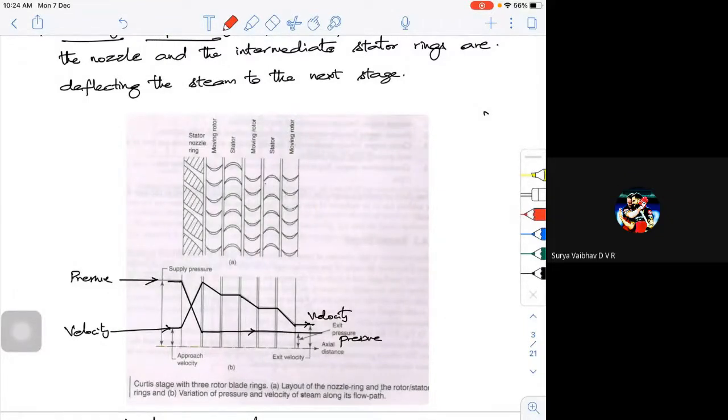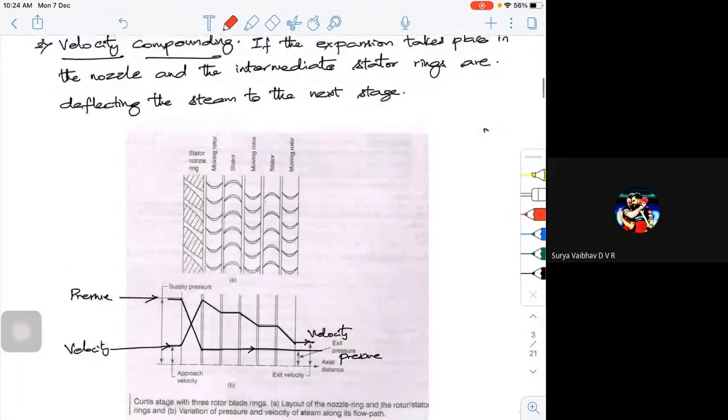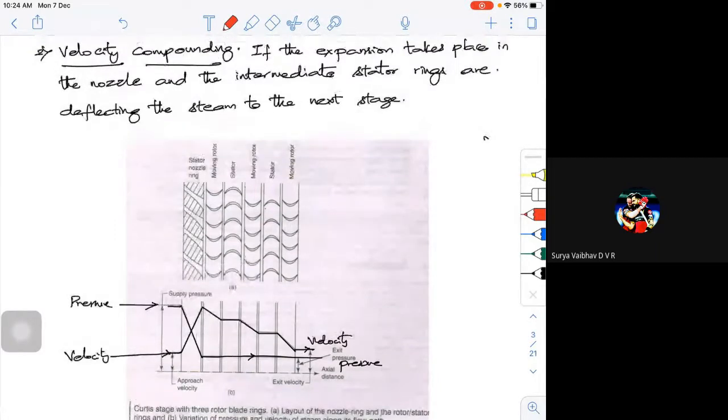And I can have velocity compounding only in case of an impulse machine. Look at this type of the vane. Pressure compounding I can have in either a reaction turbine or a Reichhut or impulse reaction turbine. Velocity compounding I can have only in case of an impulse machine.